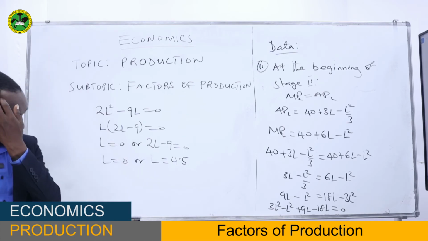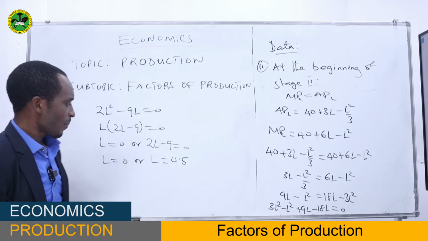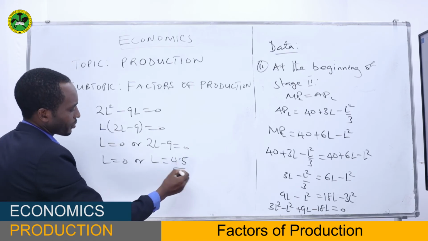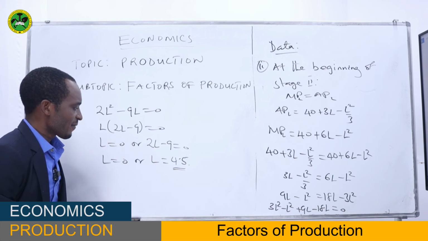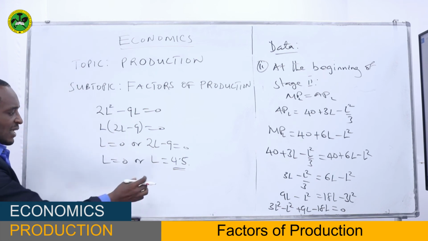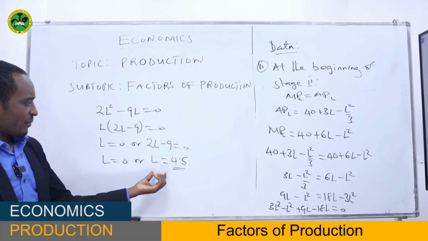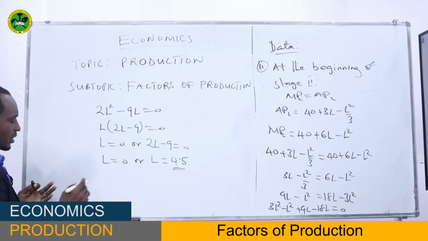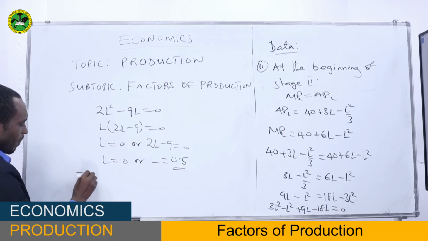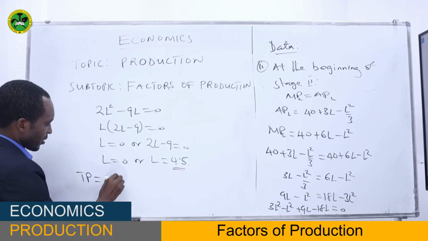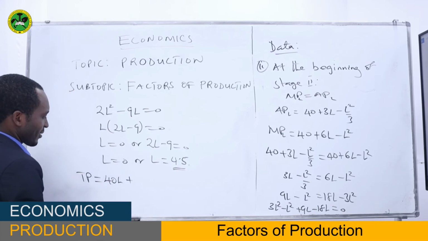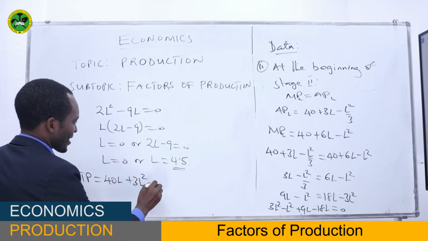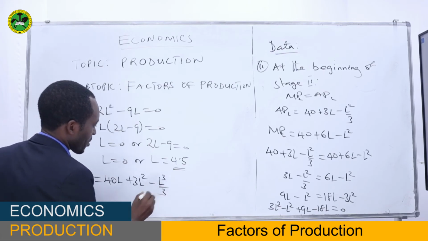So it means at the beginning of stage 2, the number of labor will be equal to 4.5. Now, if the amount of labor is 4.5, you are asked to find the output. So for the output, you take the total production function, total product, which will be equal to 4L plus 3L square minus L cube over 3.